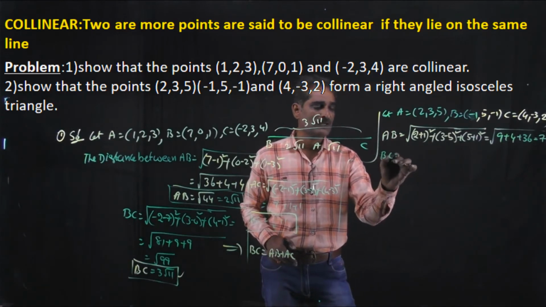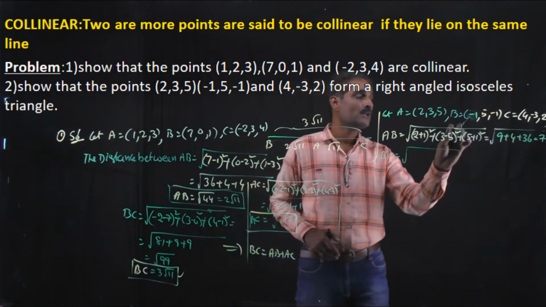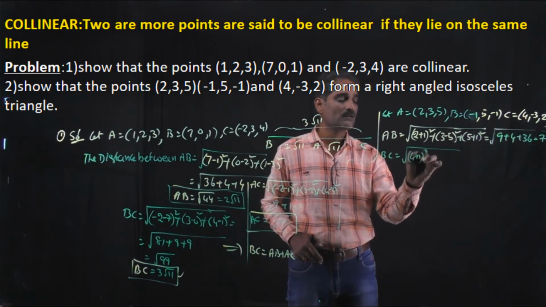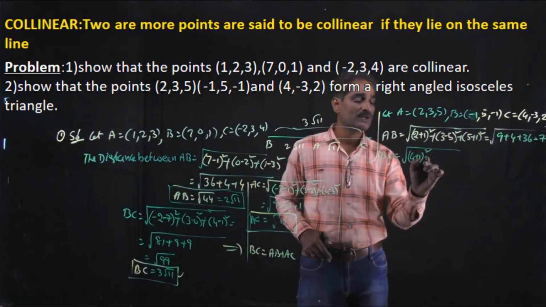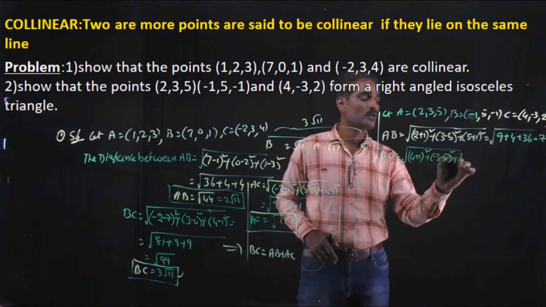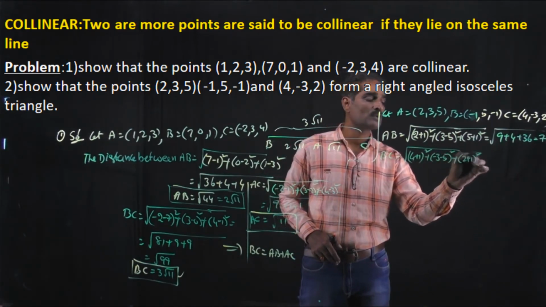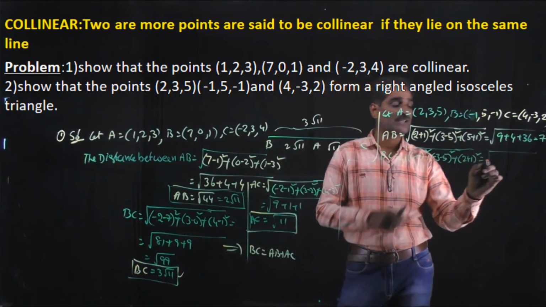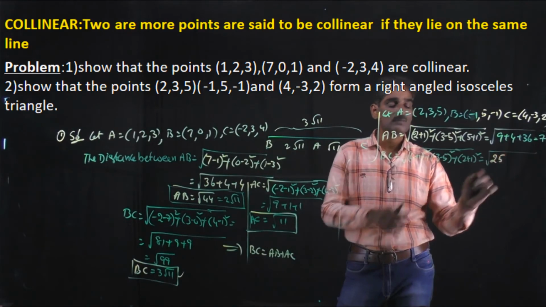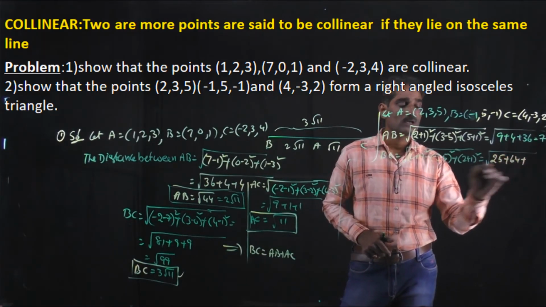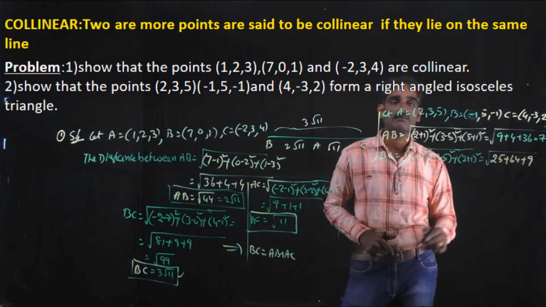So similarly find out BC and CA. BC is nothing but (4 minus (-1)) whole square, (4 plus 1) whole square, plus (-3 minus 5) whole square, plus (2 minus (-1)) whole square, (2 plus 1) whole square. This is equal to 5 square, 25, (-3 minus 5), that is (-8) whole square, 64, and (2 plus 1) whole square, 9.